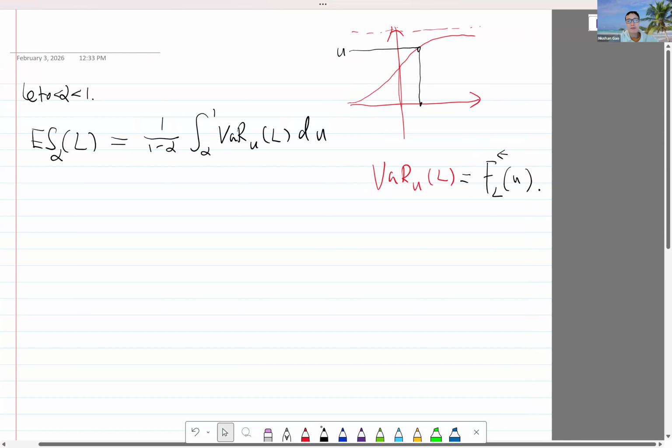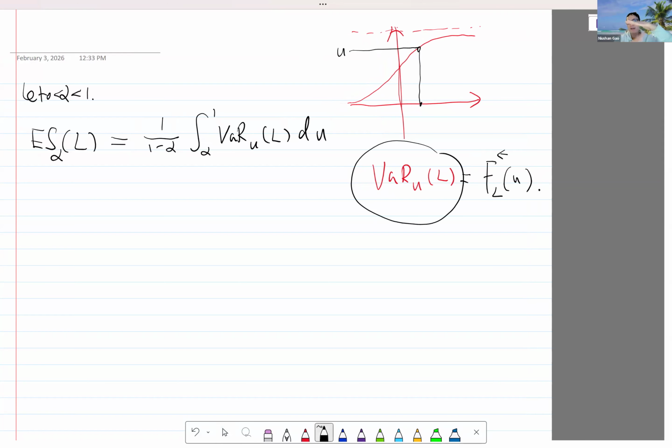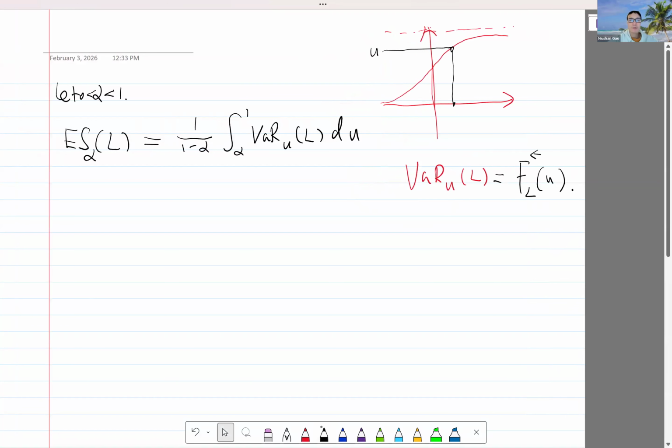At this value, L is less than or equal to it with probability alpha. It's not exactly true, because that is the case only if the inverse exists. If the inverse does not exist, it's not accurate. So basically, it's just a quantile function. We talk about the percentile, right?